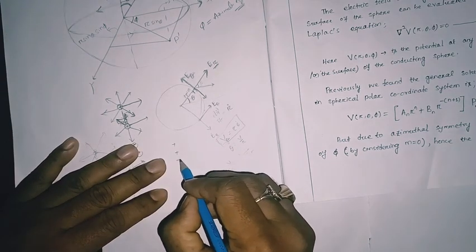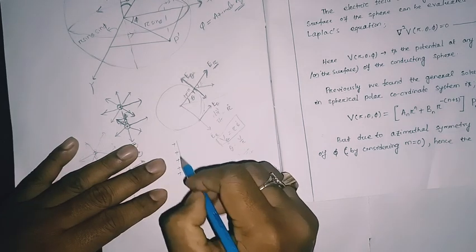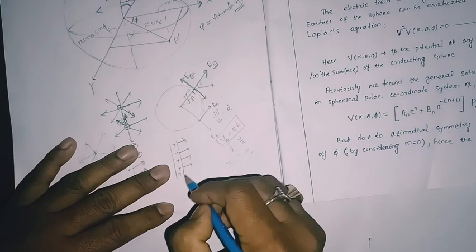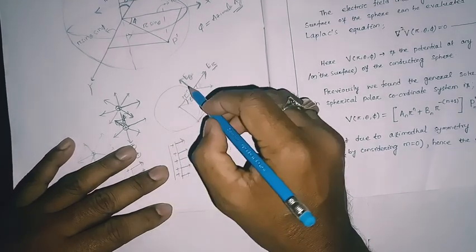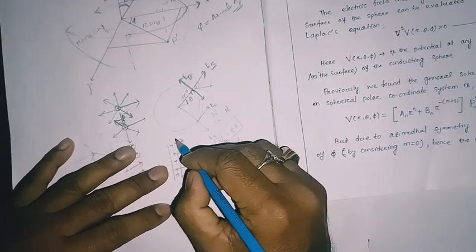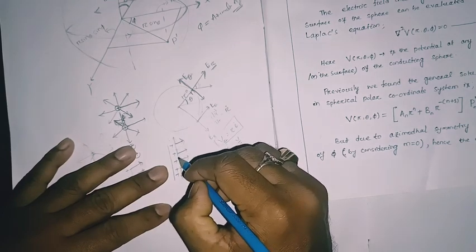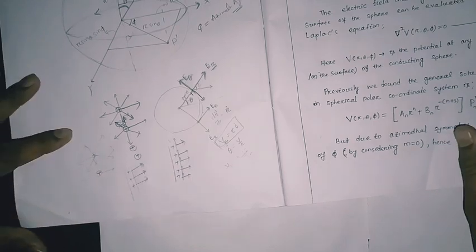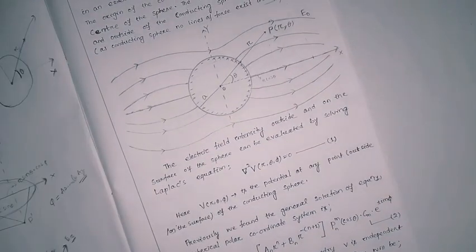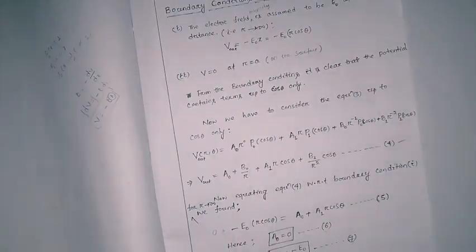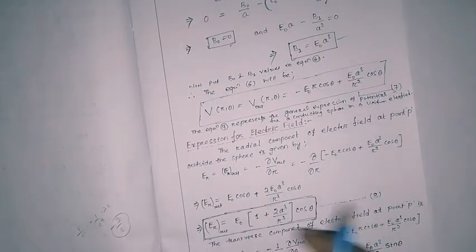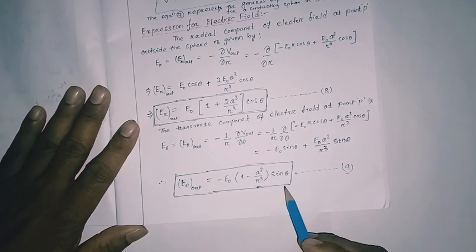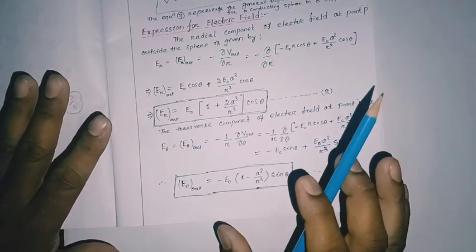Then only the radial component will be there, but the transverse components will be cancelled with each other. So from our mathematical expression also we found the same. The transverse component will be 0, but the radial component will exist.